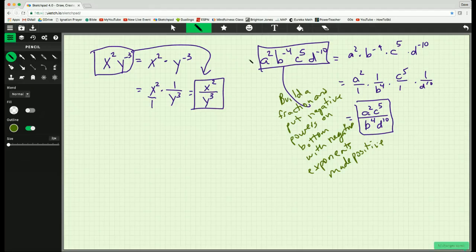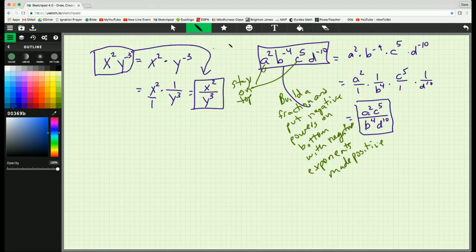Right? So a squared stays on top. And then these other ones, the negatives go to the bottom with a different sign. I'm not going to write that out.